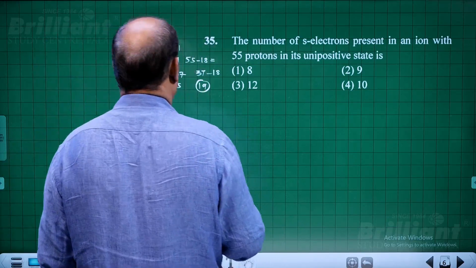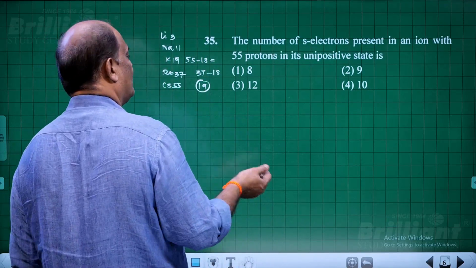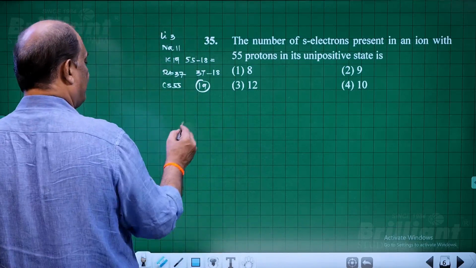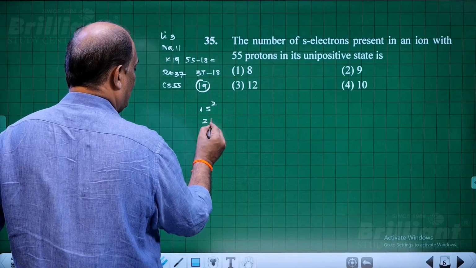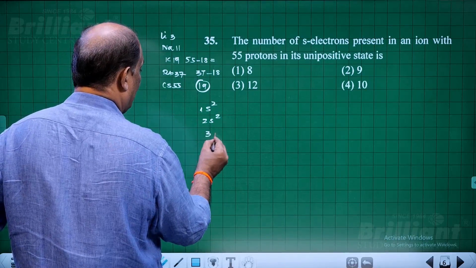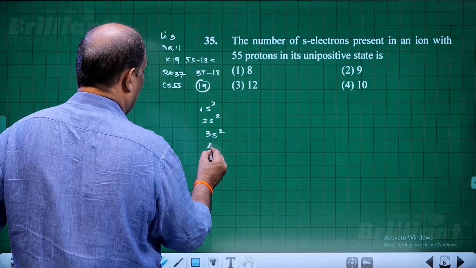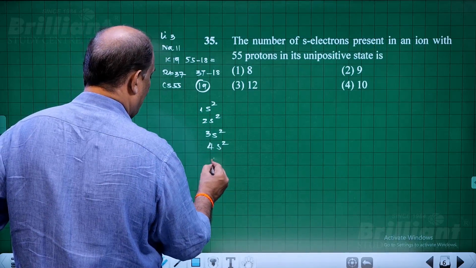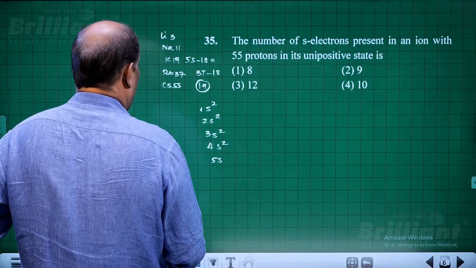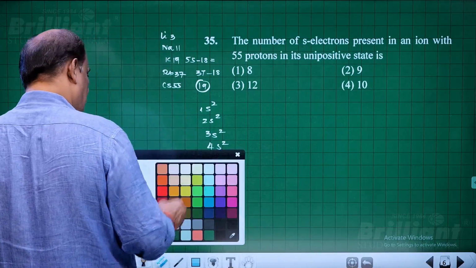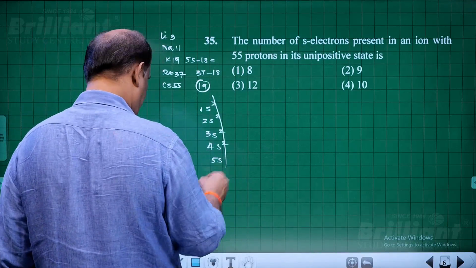1s2, 2s2, 3s2, 4s2. This is what lithium. 1s2, 2s2, 3s2, 4s2, 5s2. That is what, again, let us write like this.